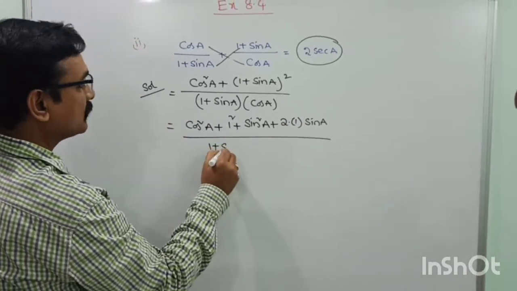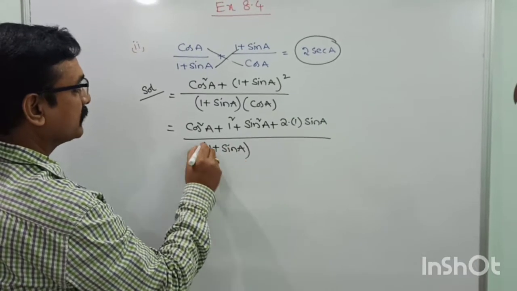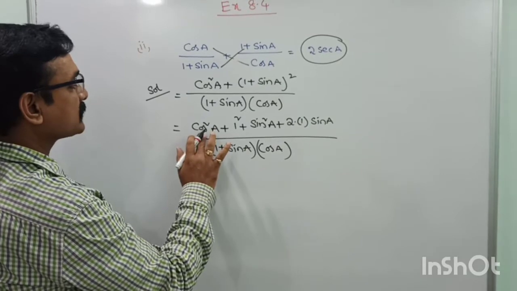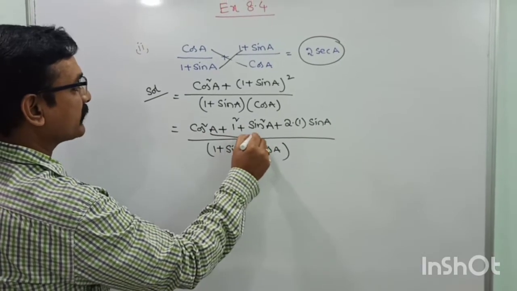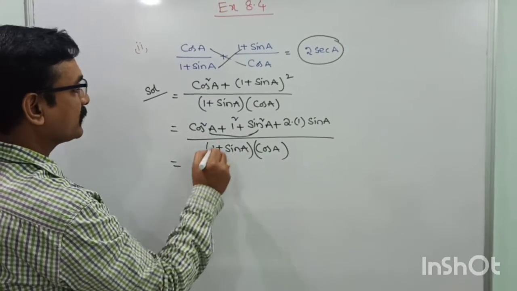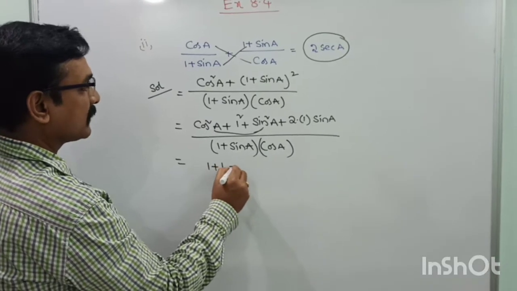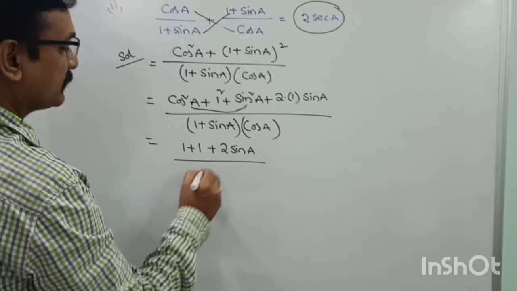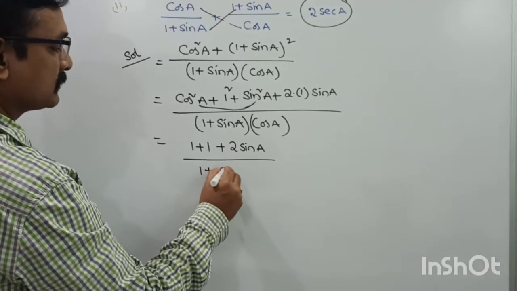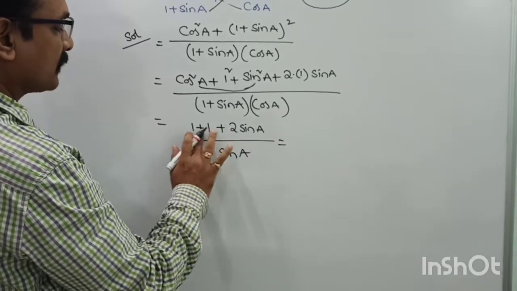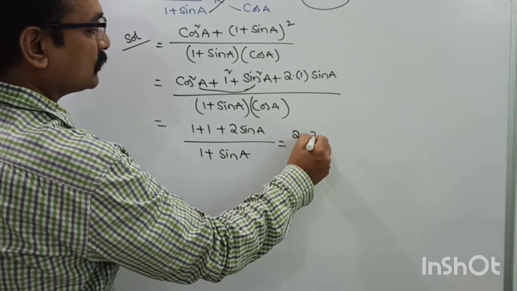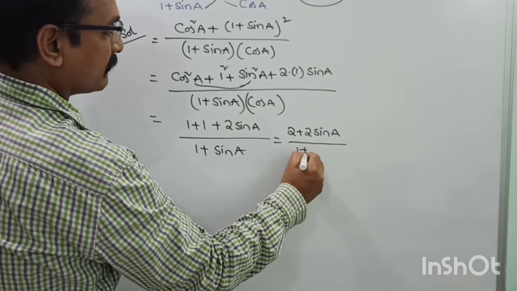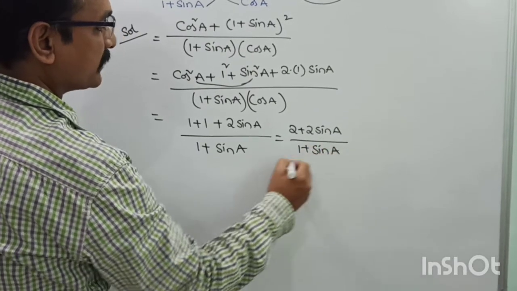Denominator (1 plus sin A) into cos A. Now cos square A plus sin square A is equal to 1. So now 1 plus 1 plus 2 sin A by 1 plus sin A. 1 plus 1 equals to 2. 2 plus 2 sin A by 1 plus sin A.